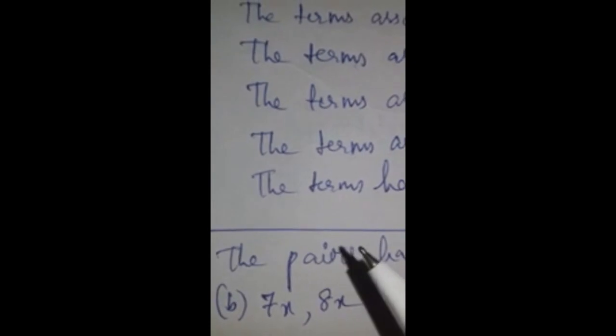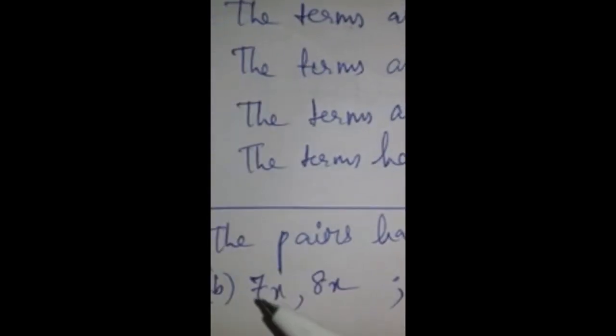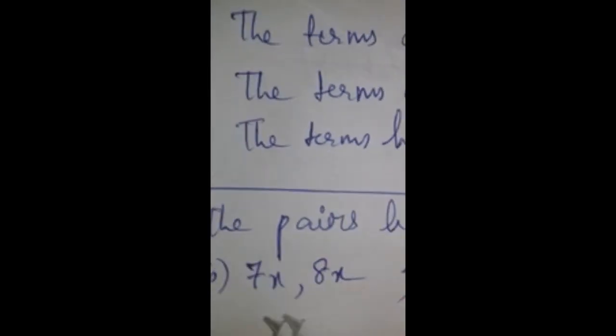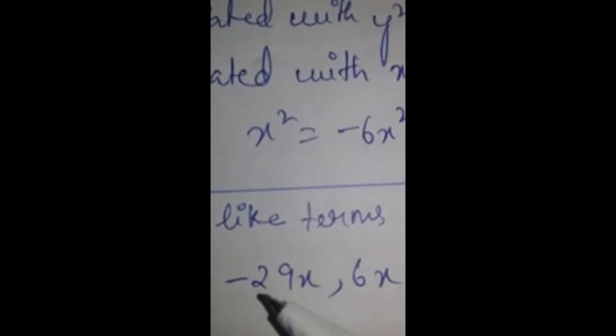Now we will have to find the pairs having like terms. That is 7x, 8x. You can see that in both the terms x is present, so they are like terms. Number C, minus 29x, 6x.